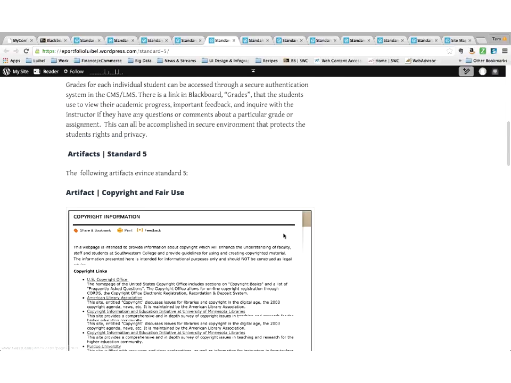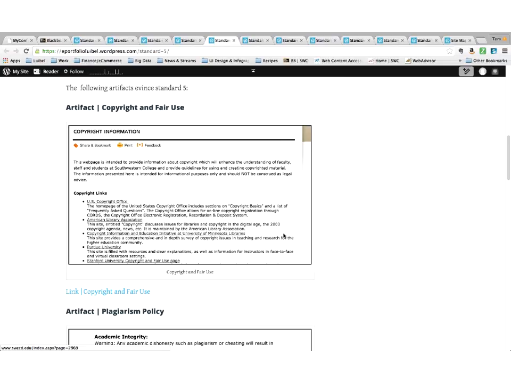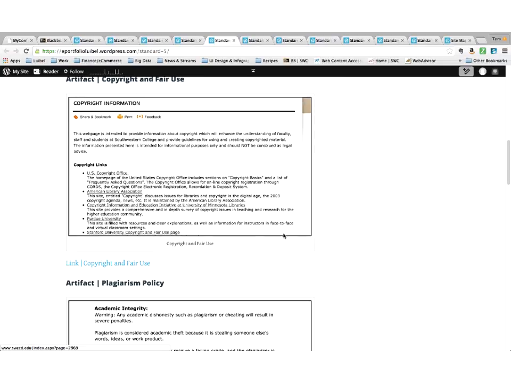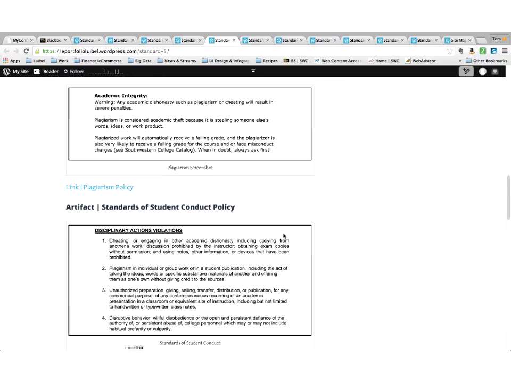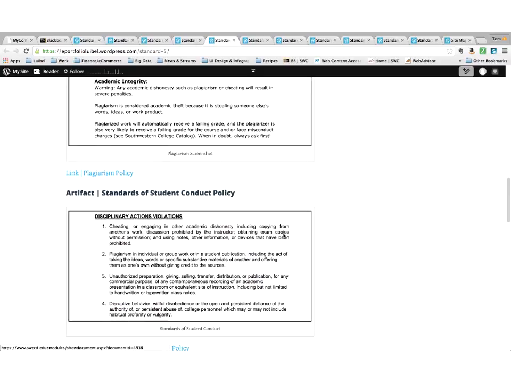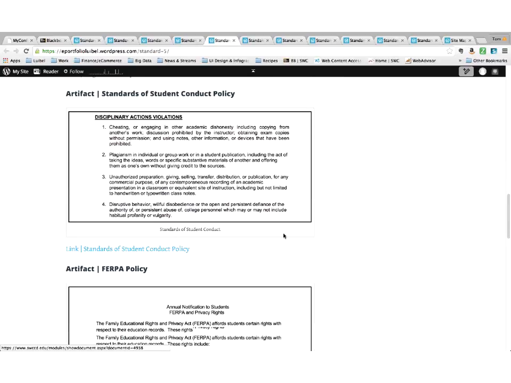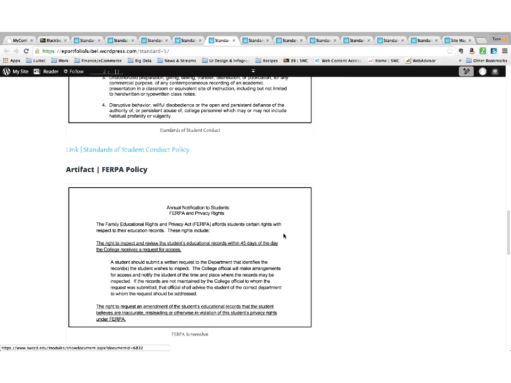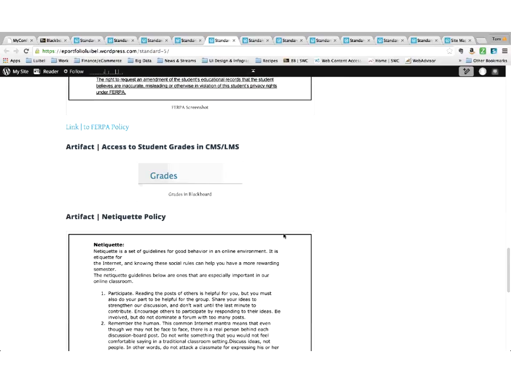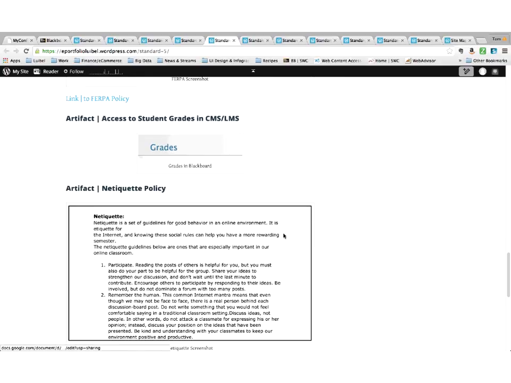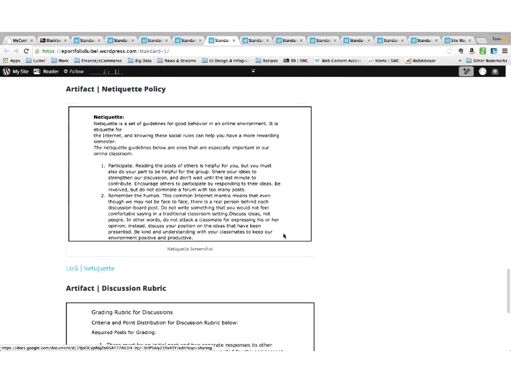So I have the district's copyright and fair use policy and a link to the site. Again, the plagiarism policy that's in the syllabus, the standards of conduct policy, again the district's FERPA policy for privacy, and then I have an artifact that shows the grades links in Blackboard where they can click on that.